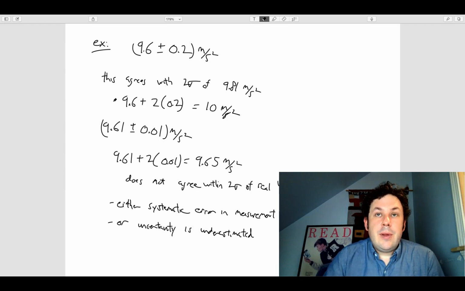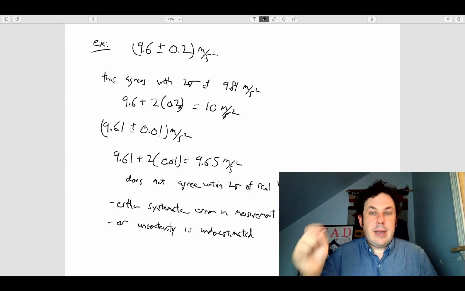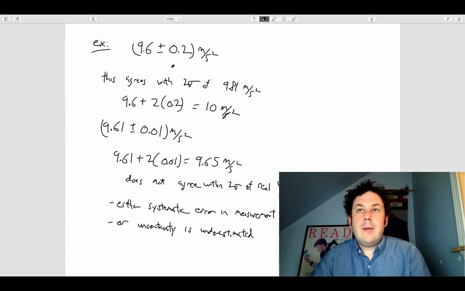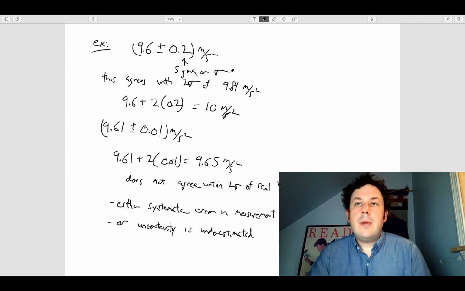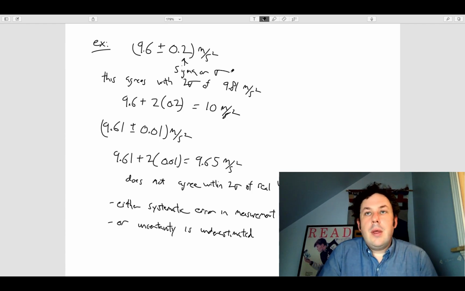But here, it's 9.6 times 2 sigma. So this is really the measurement times 2 sigma. And we say the word sigma, and that's why, because we mean this is the sigma. And so that's how you use uncertainty in a measurement to compare to a value.